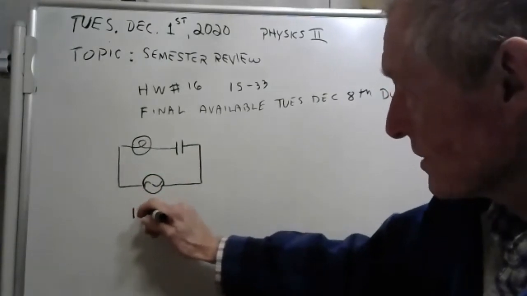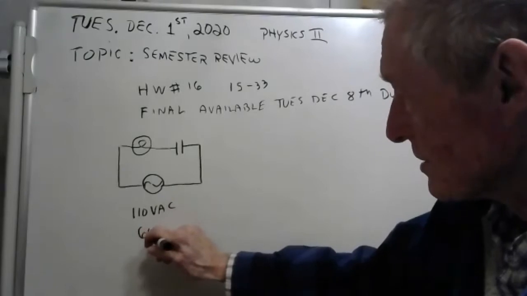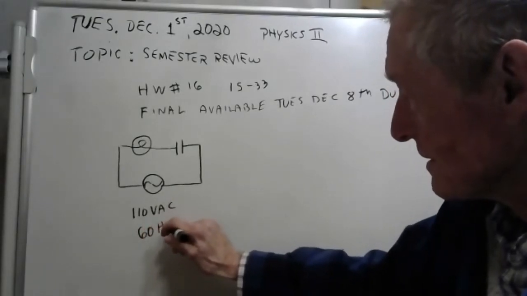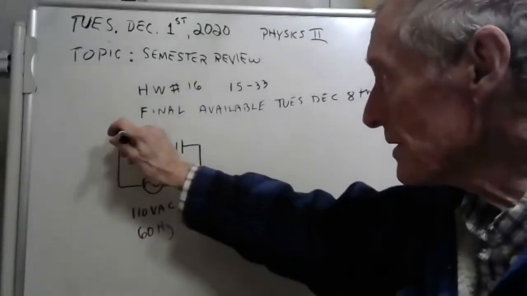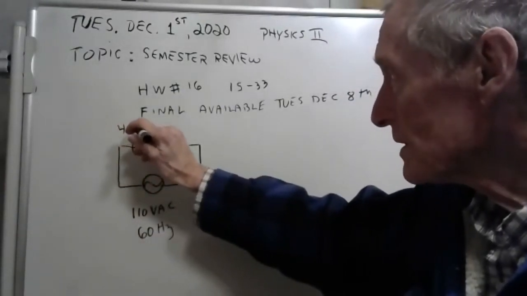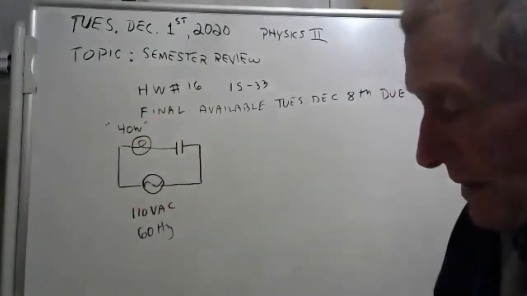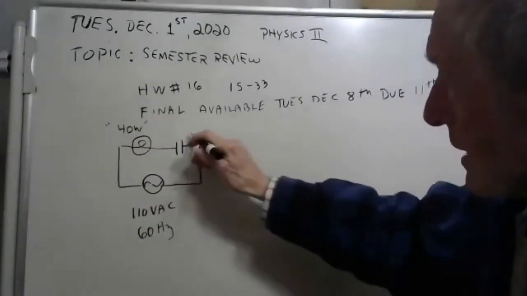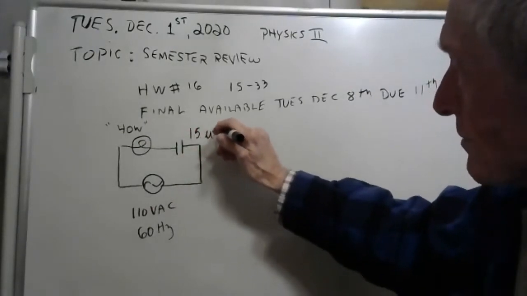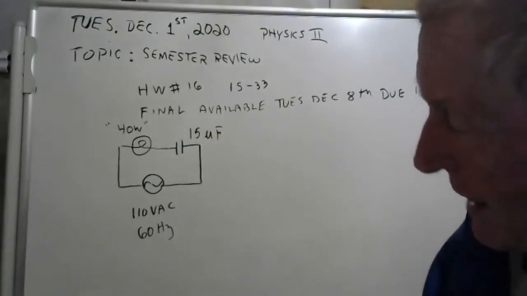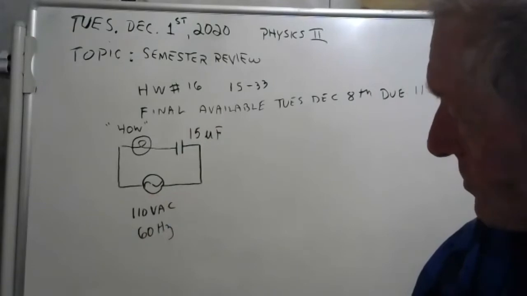This is 110 volts AC, 60 hertz. And we've got a light bulb that's got printed on it "40 watts." And we have a capacitor that's 15 microfarads. This is an AC circuit, as you can see. That's the symbol for an AC circuit.